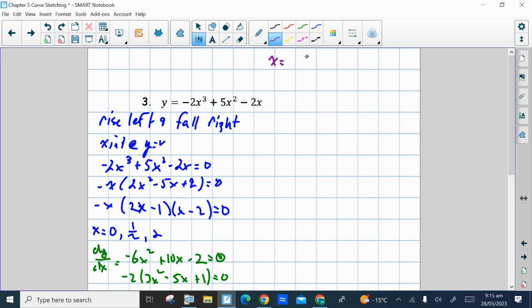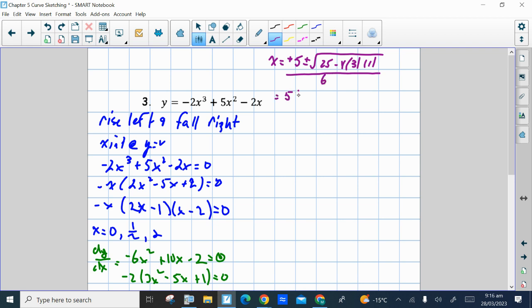The value of b is negative 5, so negative b will become positive 5, plus and minus the root of negative 5 all squared is 25 minus 4 times a, which is 3 times 1, all over 2 times a, which is 6.